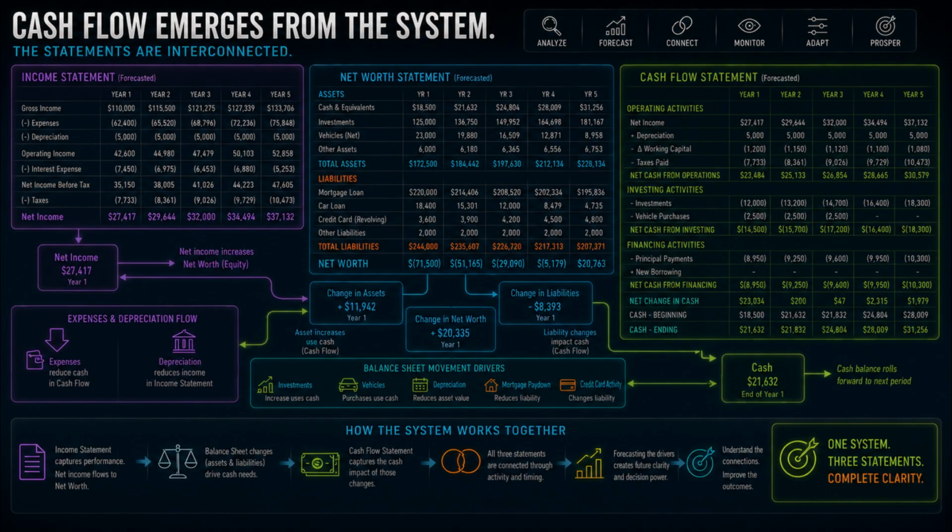Now we arrive at one of the most important concepts in the entire system. The cash flow statement is not forecasted independently. Instead, the cash flow statement is derived from the forecasted income statement and forecasted net worth statement. This is critically important because changes in balance sheet accounts determine cash movement.